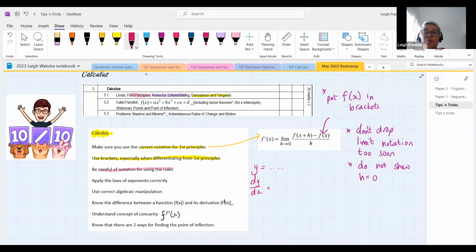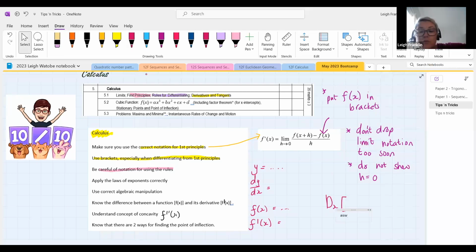If they give you your function in f of x notation, it's only when you apply your power rule that you write f prime x. If they give you your function notation using dx and square brackets, remember in the line where you apply your power rule, that's when you drop the dx, you drop the square bracket, and you just write equals.